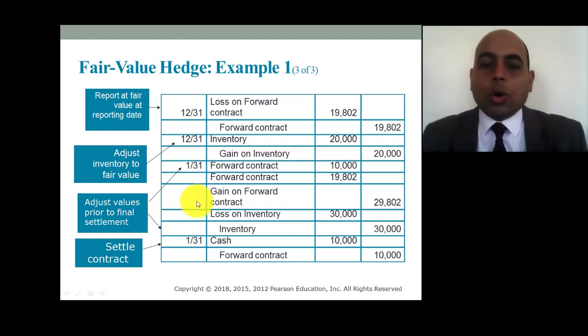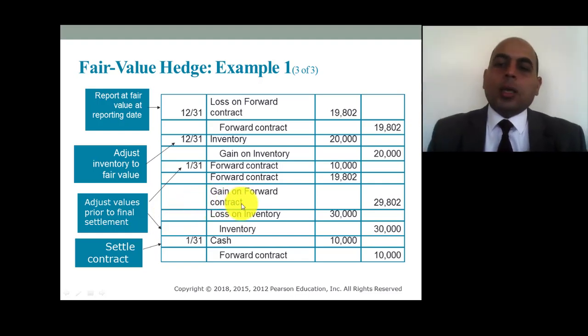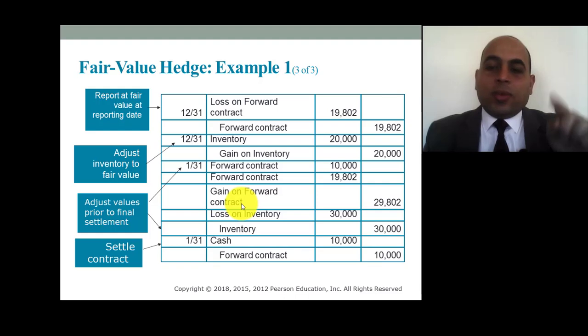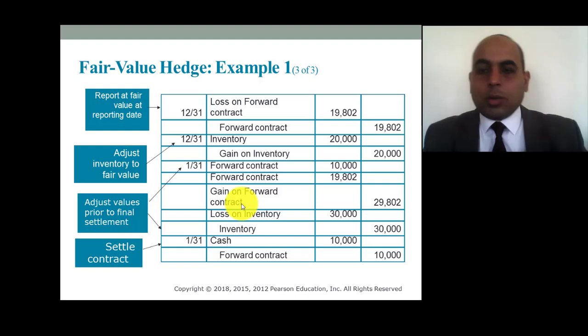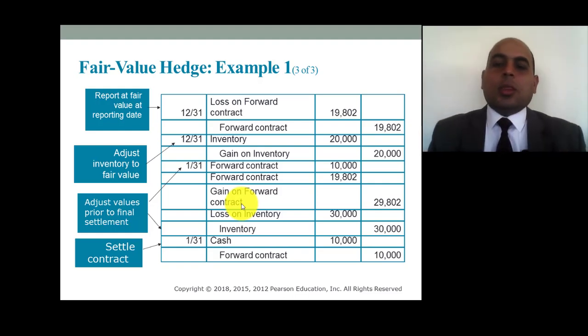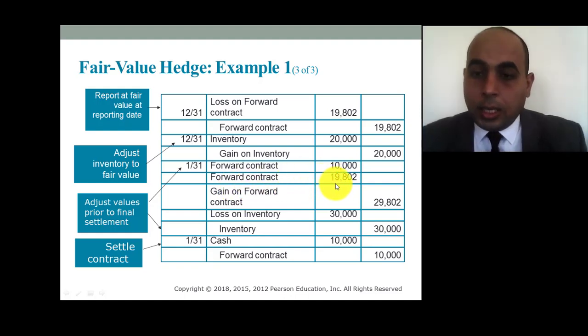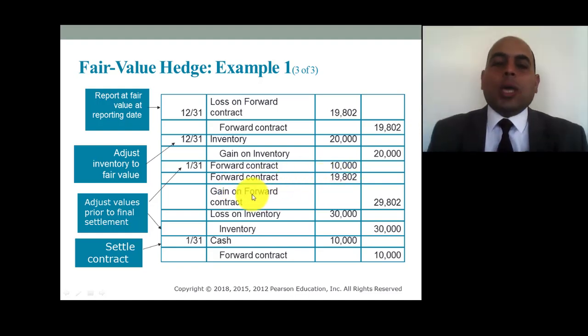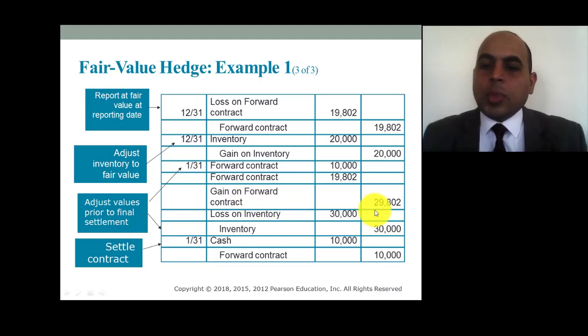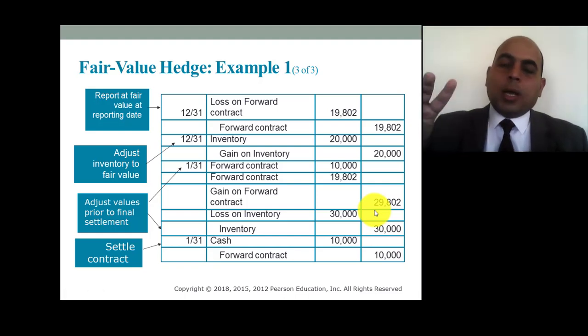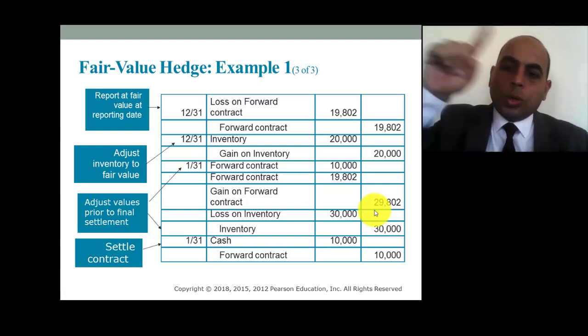So gain on forward contract equals 20,000 divided by 1.01, which equals 19,802, already calculated, plus the difference, which is 10,000. So we have a gain on forward contract of 29,802, as the price has declined from 92 to 89.